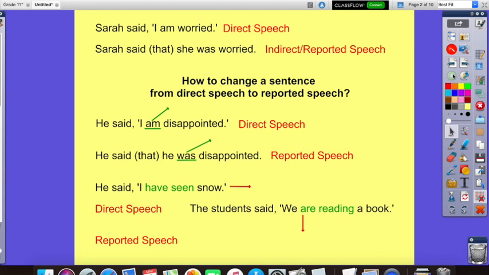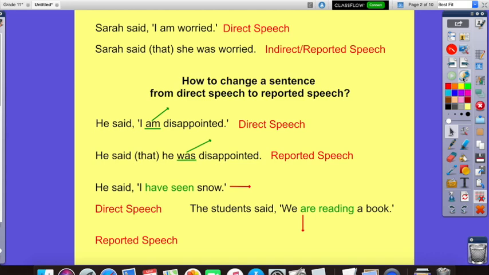As you can notice, there are a few differences between direct and reported speech. When we change direct speech to reported speech, we must often change the verb tense. For example, he said, "I am disappointed." This is direct speech.